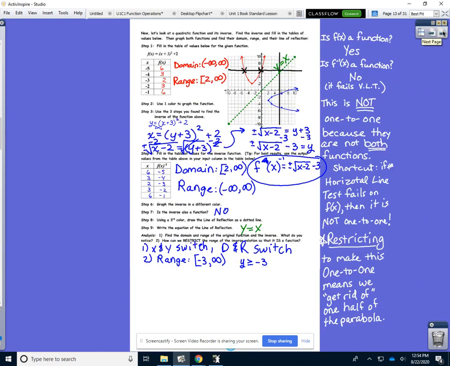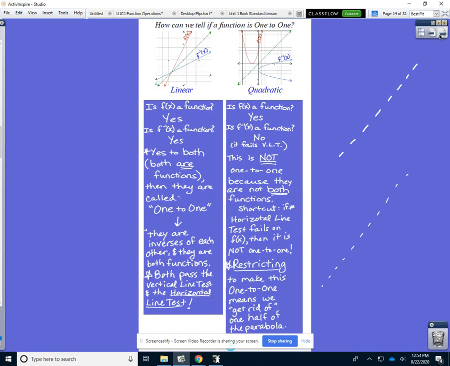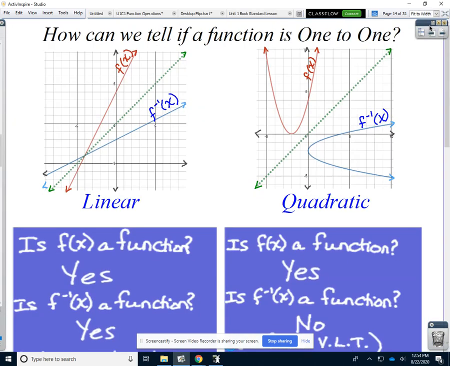Lots of information in there, but I wanted to go to this page and talk about what a one-to-one function is. So how do we tell if a function is one-to-one? So we're on page 17 in your packet, and you have a lot of room here to write stuff.